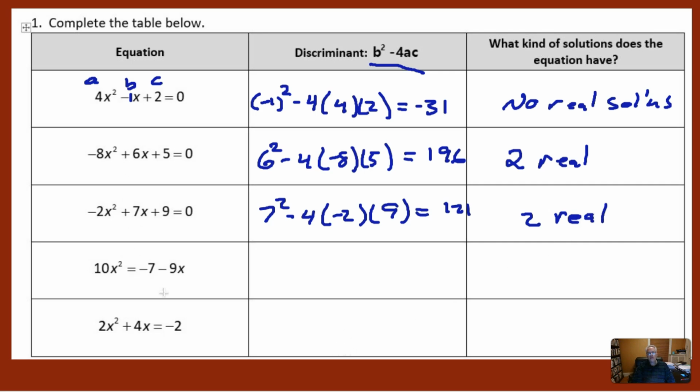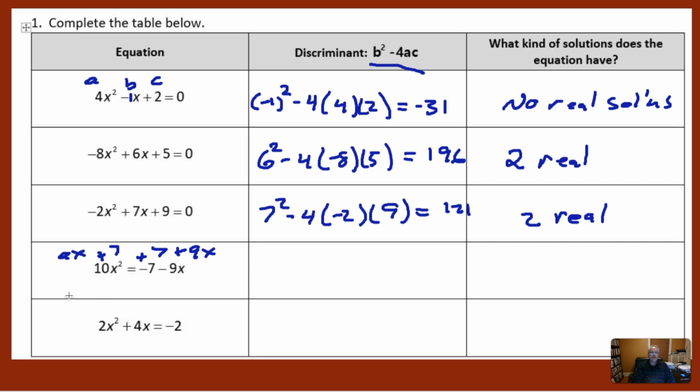All right, this next one illustrates something you might encounter. We have to rewrite this equation in standard form before we do the quadratic formula or look at the discriminant. So I'm going to have to add 7 on both sides to cancel that 7, and I'm also going to have to add 9x to cancel that 9x.